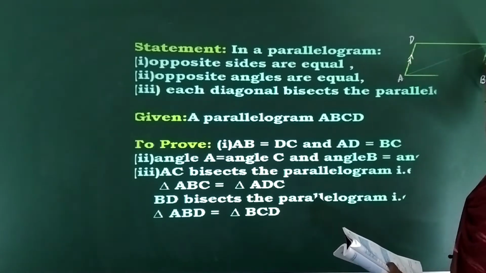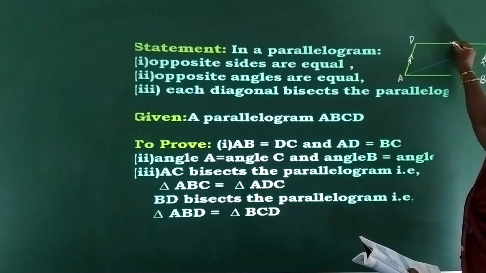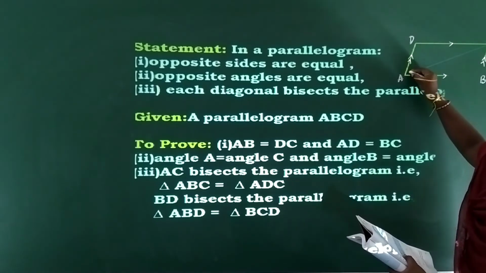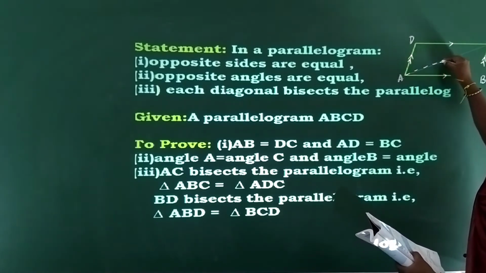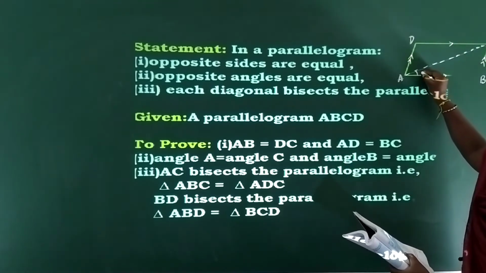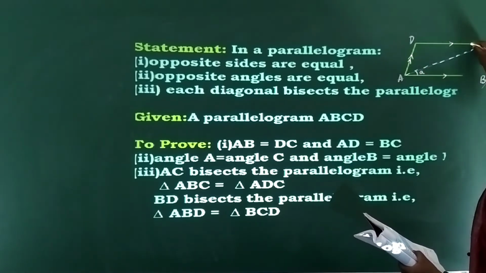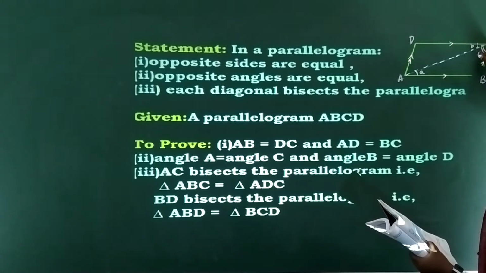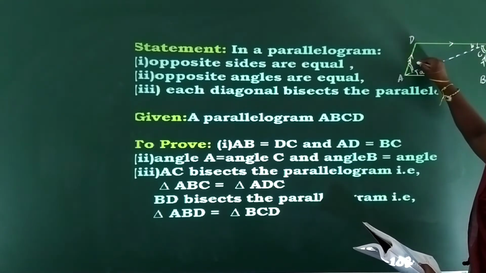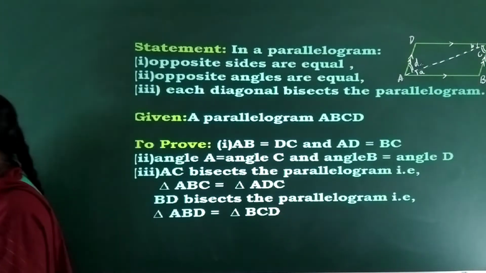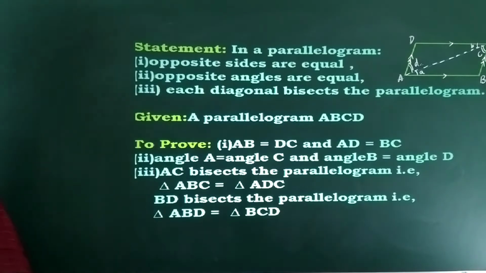Both the opposite sides are parallel. Just I write here: opposite sides are parallel. And they have drawn an imaginary line. This is A, this is B, this one is C, and this one is D. So this is the diagram they have given in your textbook.